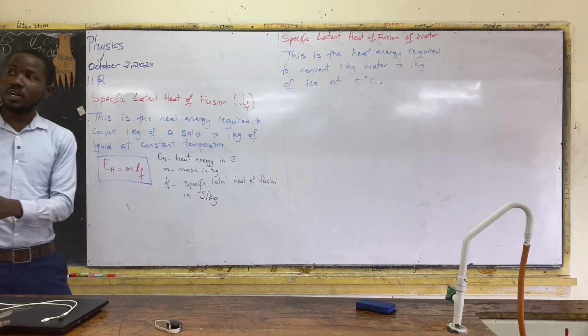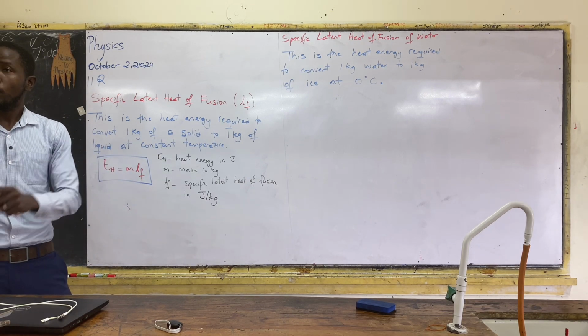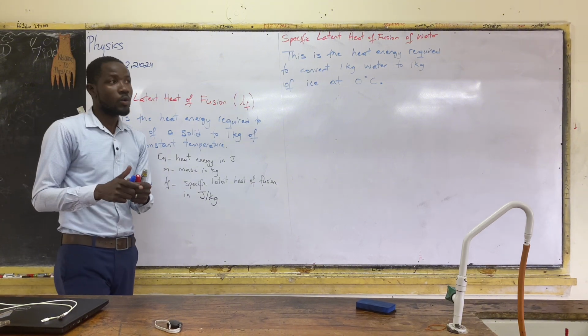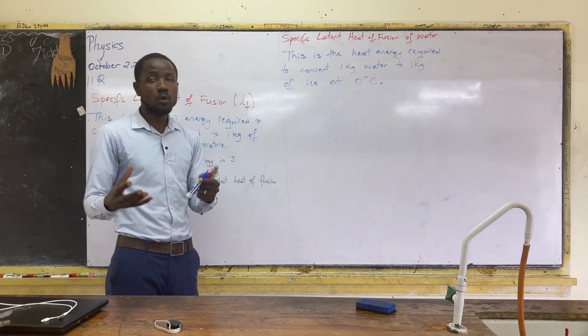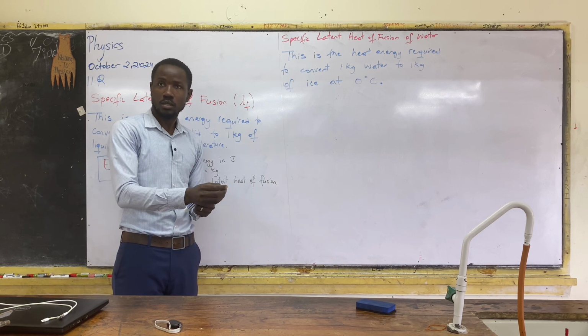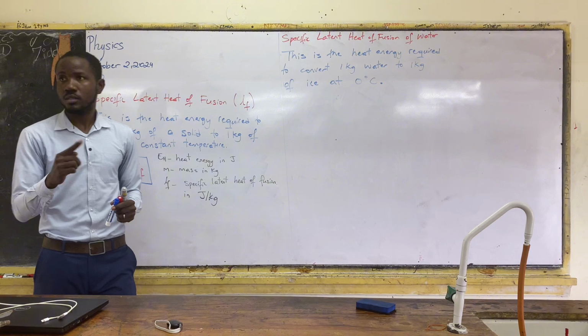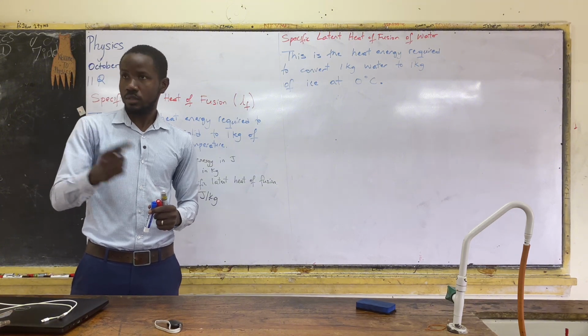But if we have 1 kilogram of solid, we have to apply that same amount of heat energy so that it can go from a solid to liquid. So the latent heat goes both ways, solid to liquid or liquid to solid.